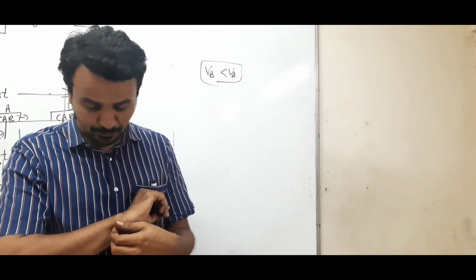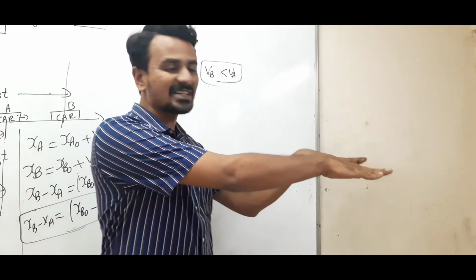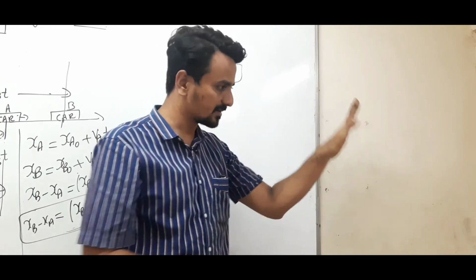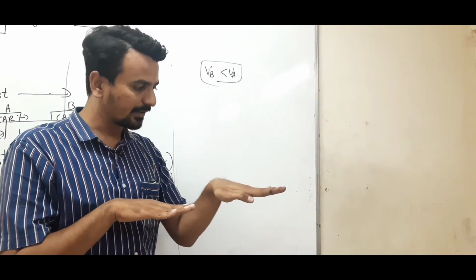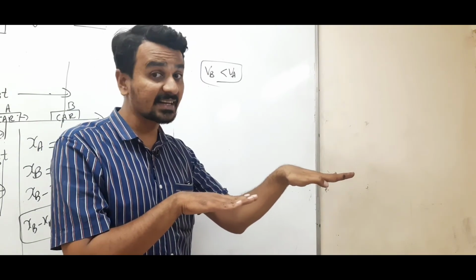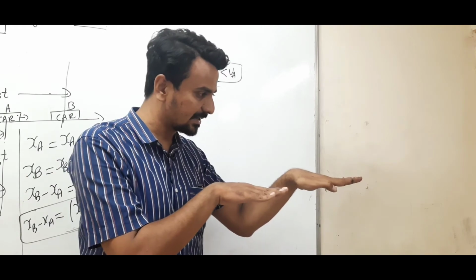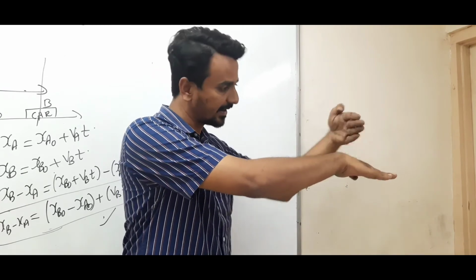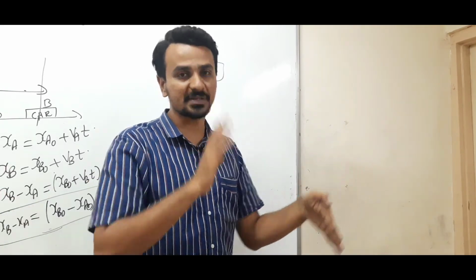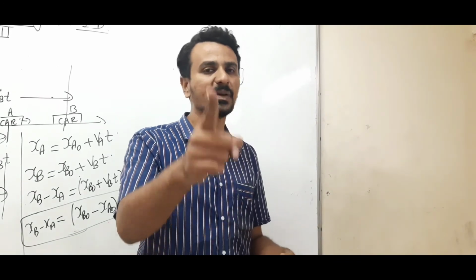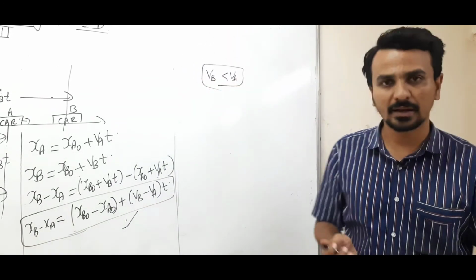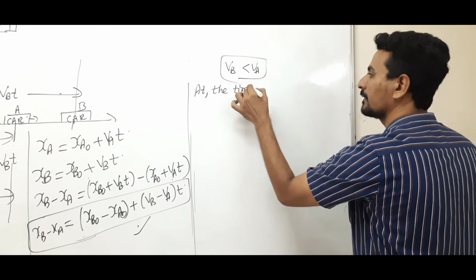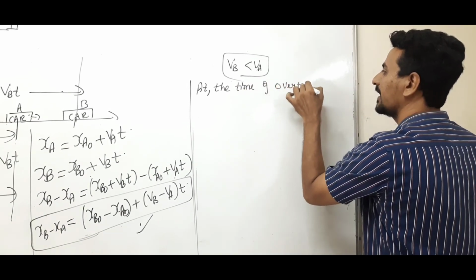And the thing which should be noted down is that at the time of overtake, their relative position will be the same. This was your B, this is your A. They are moving in the same direction. Velocity of A is greater than B, so at some time t, A will overtake B. At the time of overtake, their position from the origin will become the same.